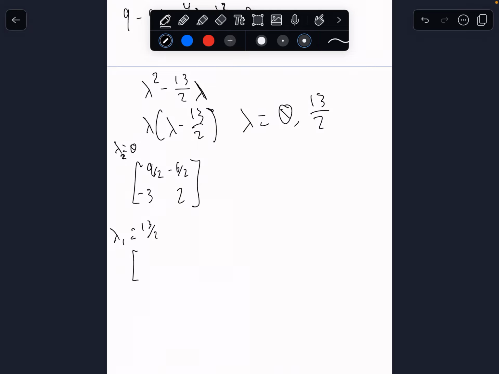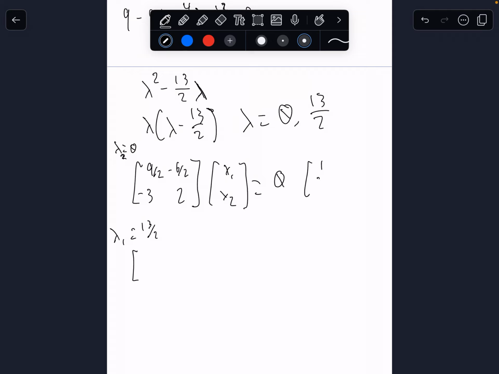There's two eigenvalues. I'm confused. Okay. So this is just like this times x1, x2 equals 0. So we would get x2 is 1.5 and x1 is 1.